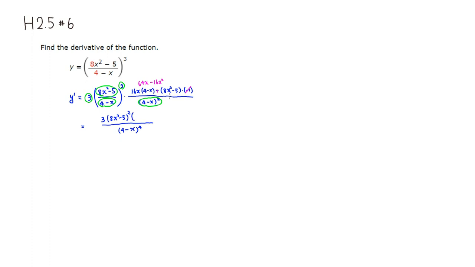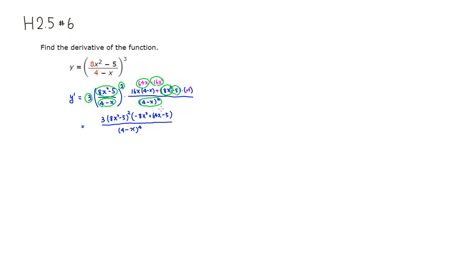We have 8x squared and the negative 16x squared, so it's going to be negative 8x squared. That takes care of this guy and that guy there. Then we have plus 64x, that takes care of this guy right there. Then we still have a negative 5, so I have to put negative 5.